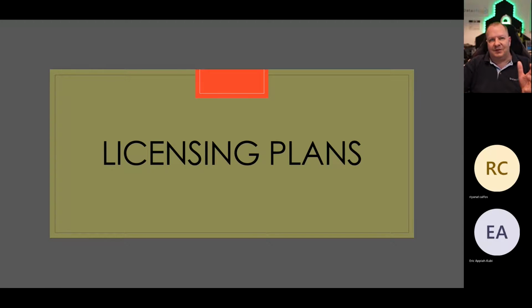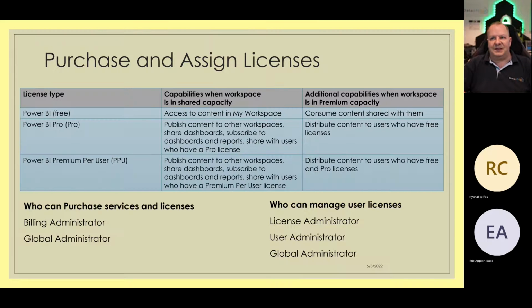If you're familiar with Power BI, you may be aware that there are a few different licensing plans, and we start with what's known as the free Power BI license. This is one that costs you £0 down, £0 every month, and it basically allows you to create reports, but it's for your own consumption.